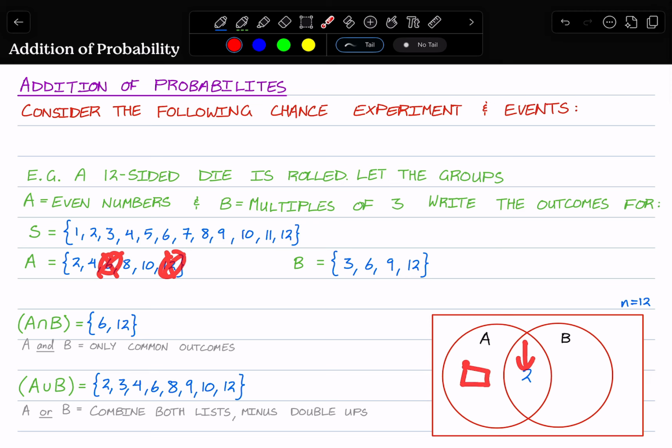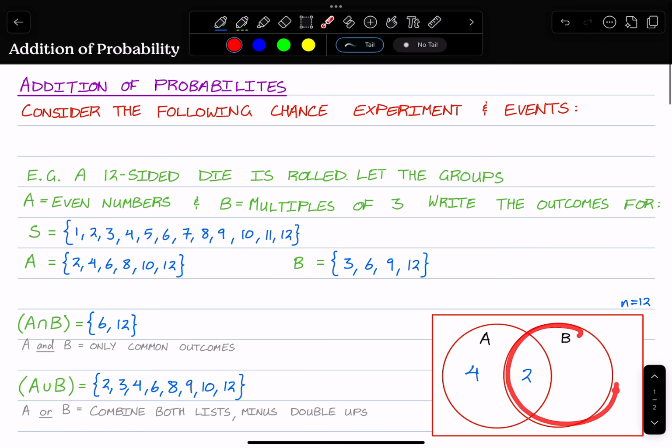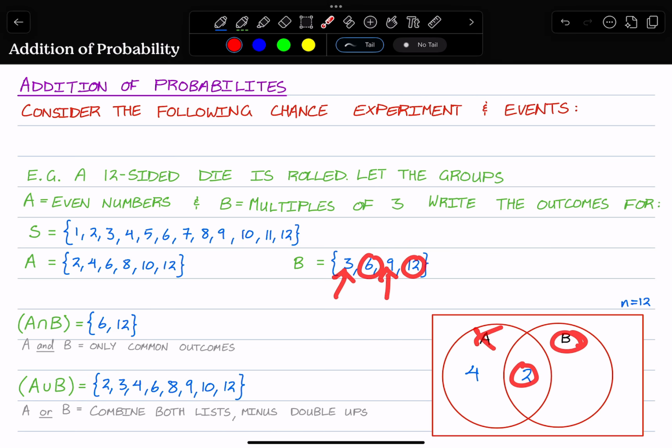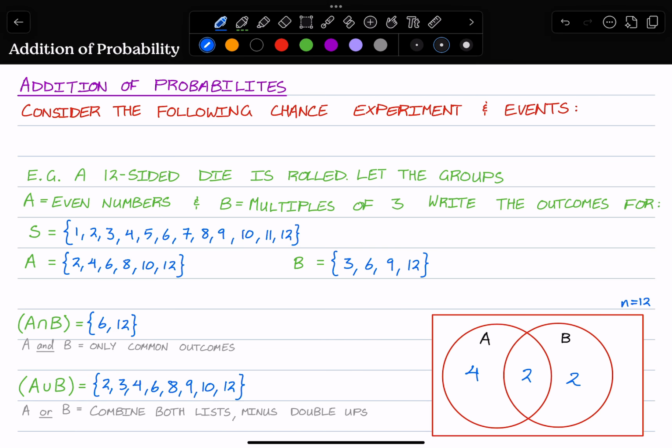The things that are still in A but not in B are 4 things: 2, 4, 8, and 10. For group B, since these two things are 6 and 12, there are still 2 items that are in B but not in A. So there's 2 here.